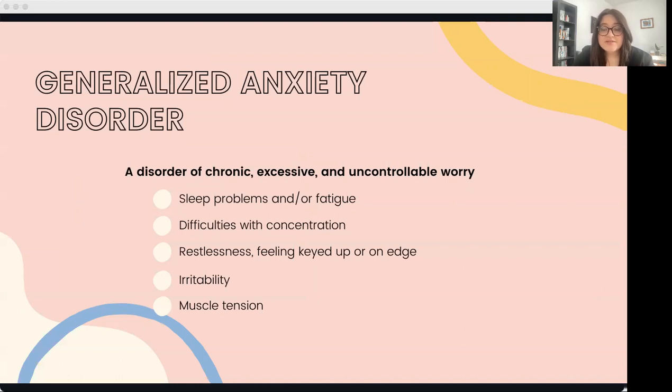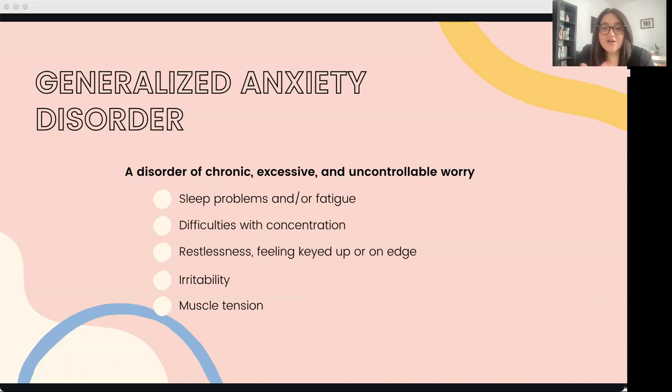We also see difficulties with concentration. Because worries take up so much cognitive space in individuals with generalized anxiety, it's not unusual for these individuals to hyper-focus on their worries to the detriment of their concentration or of other tasks. We also see restlessness or feelings of being kind of like keyed up or on edge.